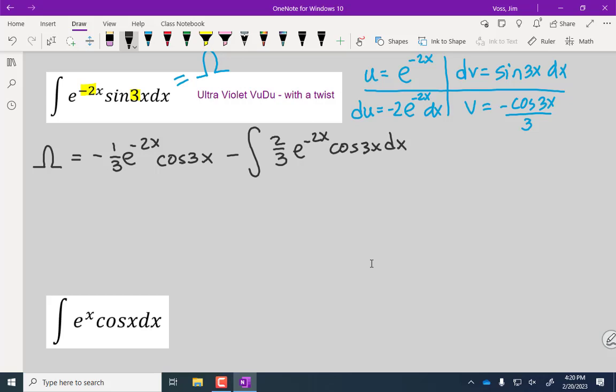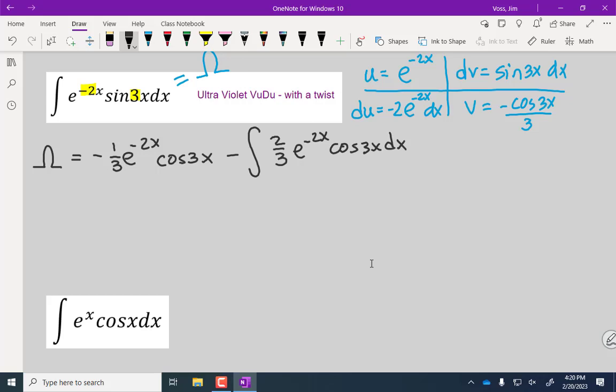So now here's where we do our assessment. We look at that integral and we say, is it easier, or is it harder, or is it the same? And it looks about the same as the original one. We have a 2/3, but that's just a constant. We could think of it as factored out. The essence of this integral, though, is exponential times trig function. That's the same as this.